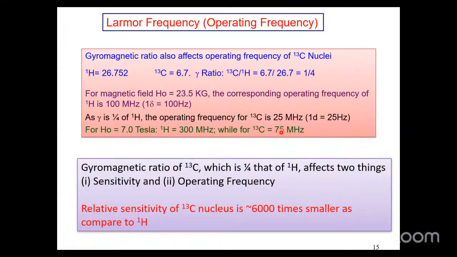So with the same magnetic field, the operating frequency of H1 and C13 will be different. For C13, you have to always use 1/4 of hydrogen. So the gyromagnetic ratio of C13, which is 1/4 that of hydrogen, affects two things, sensitivity as well as operating frequency. Again, the relative sensitivity of C13 nucleus is 6,000 times smaller compared to H1.